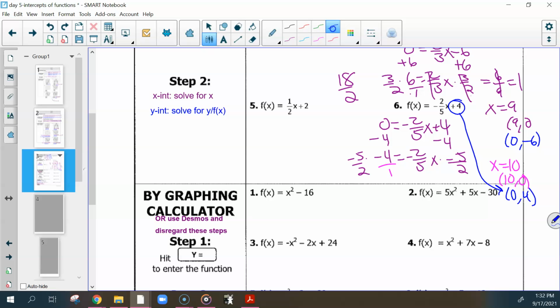Okay, so let's do this. -2. What are these two things doing to each other? Multiplying. So in a normal sense, I would need to divide, but that doesn't look nice, that fraction over that fraction.